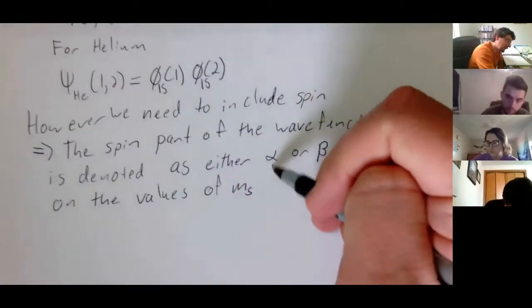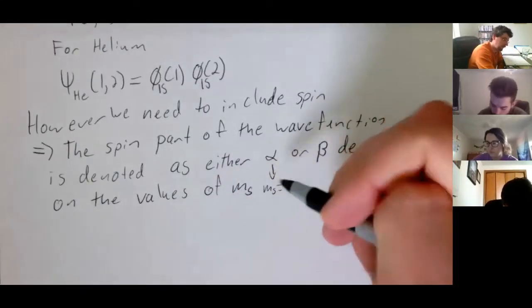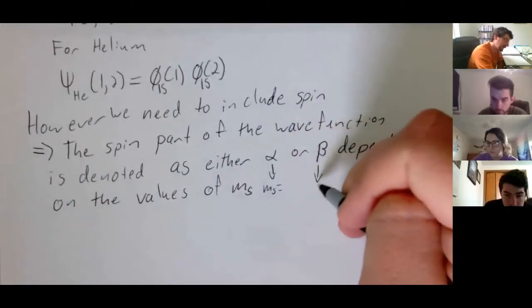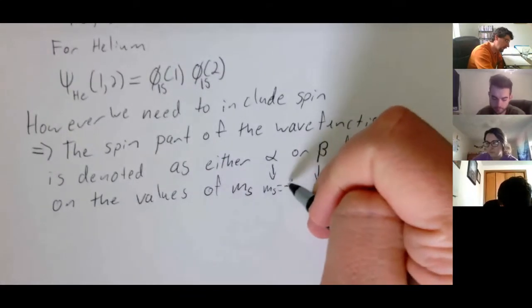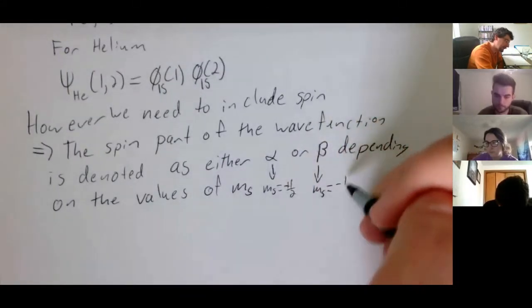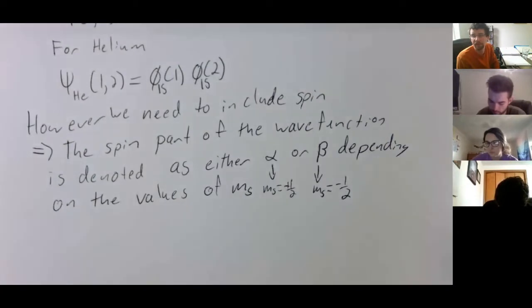What are the only two possible values of m sub s? 1/2, negative 1/2. We'll call this one positive 1/2, this one negative 1/2. Some people might have different definitions, but that's what's meant by alpha and beta.